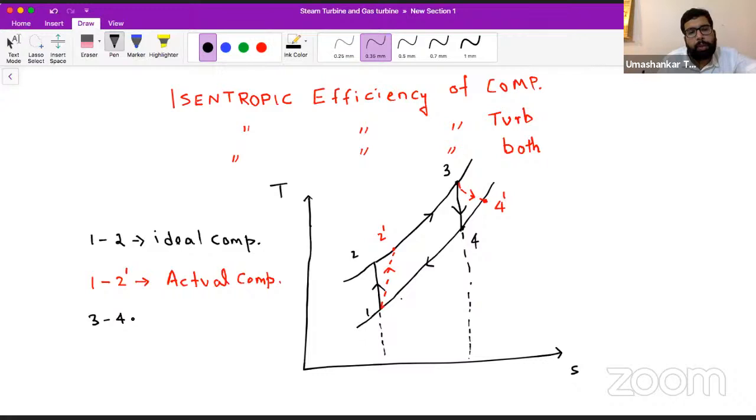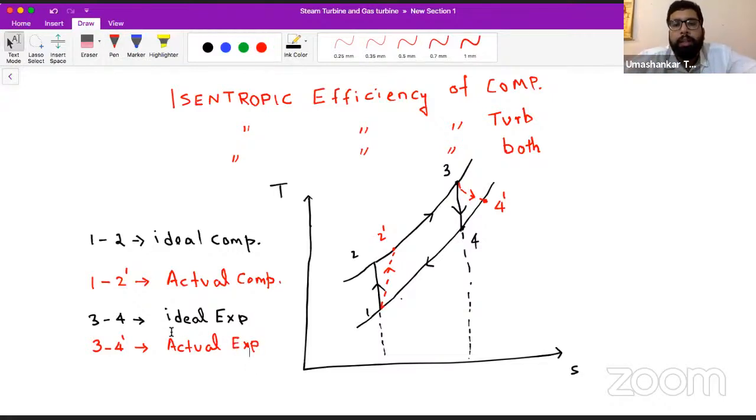You can use this concept in refrigeration also, in Rankine cycle, in any cycle. And 3 to 4 dash is, when you consider your isentropic efficiency, the actual expansion.